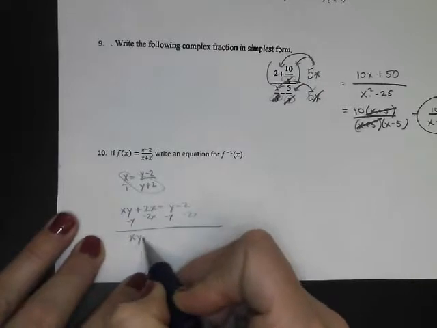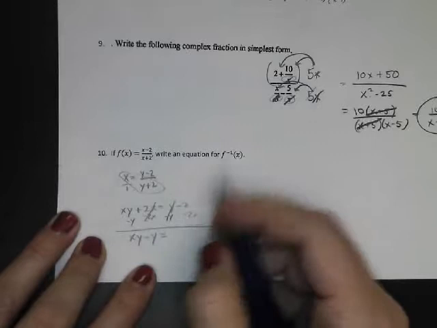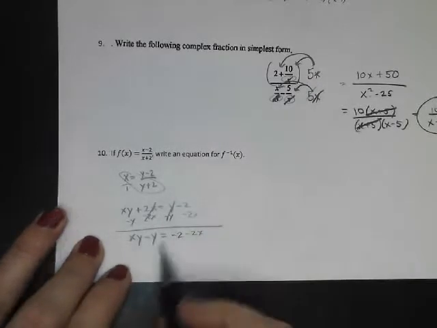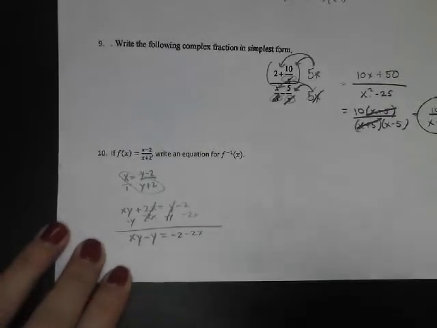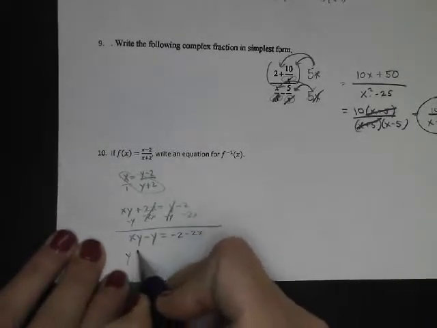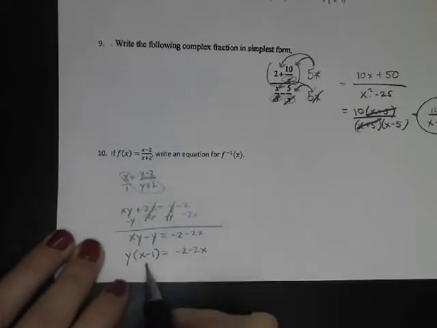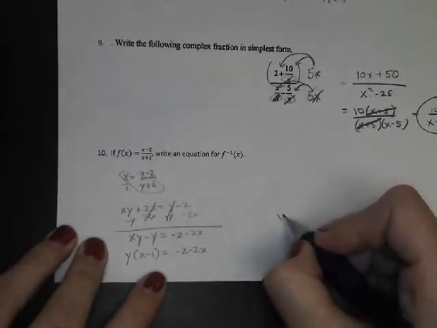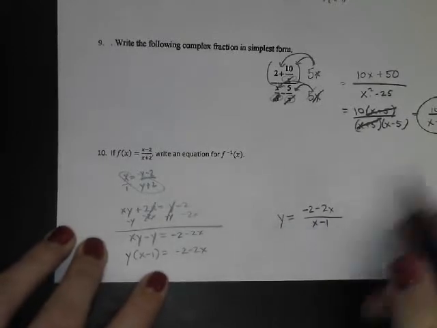So the left side's xy minus y, and the right side is, that's gone and that's gone, negative 2 minus 2x. If we can't combine the y's, remember we're solving for y, so we got to combine the y's if we can, if not factor. Take out a y and you're left with x minus 1. And then divide the x minus 1 over. So y equals negative 2 minus 2x all over x minus 1.